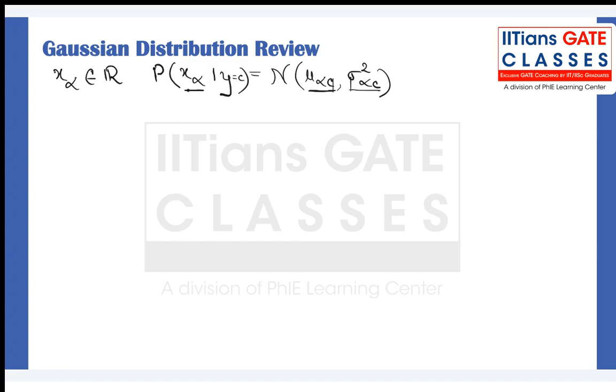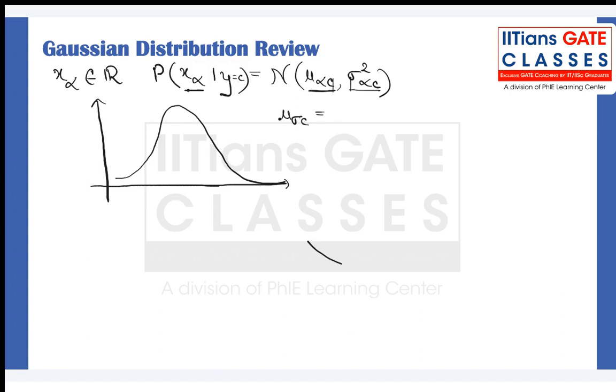So we are trying to model x alpha as a Gaussian distribution, where mu alpha c is nothing but, you take all the points in your data set which belong to the class c, and you take a summation over i equal to 1 to n, where yi equal to c, of xi alpha.